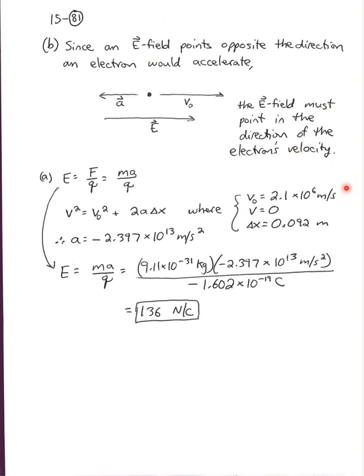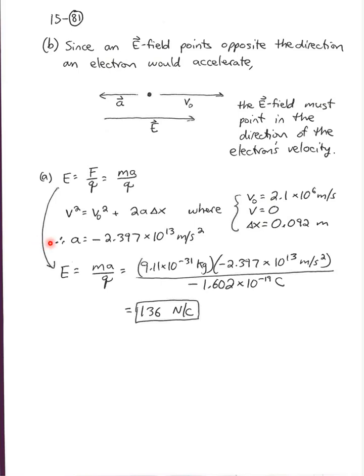We know v naught, we know v, we know that it came to rest within a displacement of 0.092 meters. So we'll use this equation to solve for acceleration, just like we did back in chapter 2 last semester. And you should get an acceleration of negative 2.397 times 10 to the 13th meters per second squared.